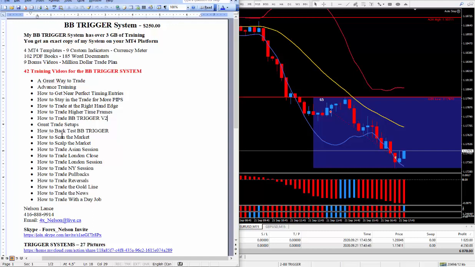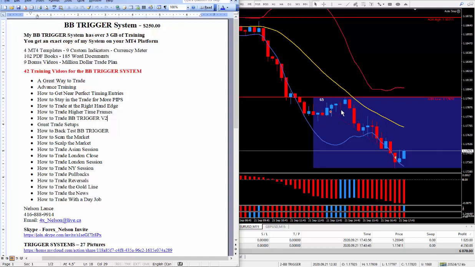Also teach how to back test the BB trigger, which I still do between 6 and 8 hours every weekend. I put these hours aside every weekend, because I really like doing it, and it helps me to find trades much faster. Like you train your brain and your eyes to see the setups.